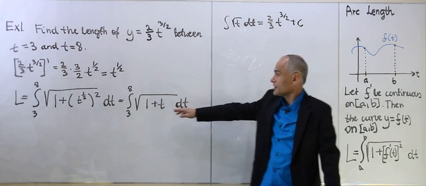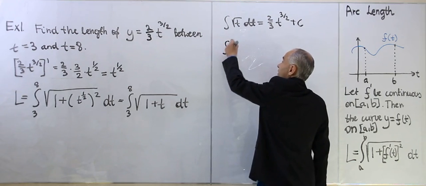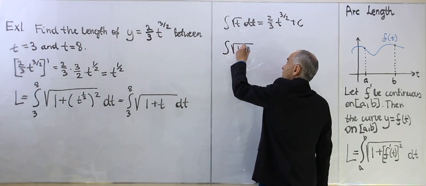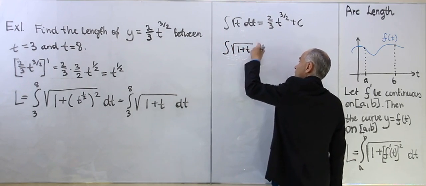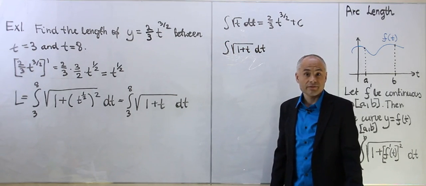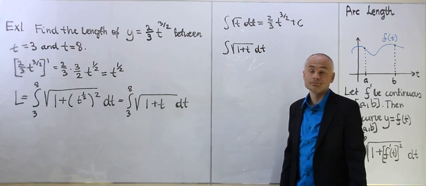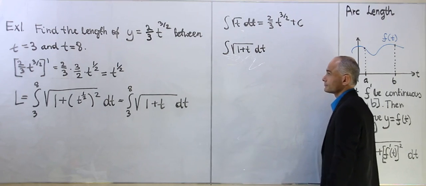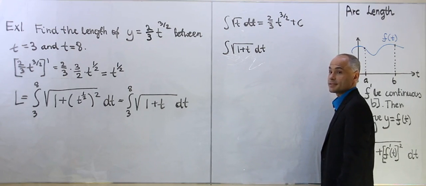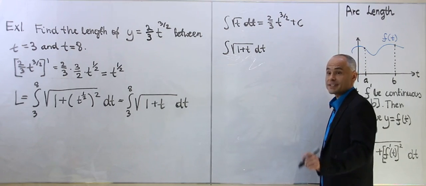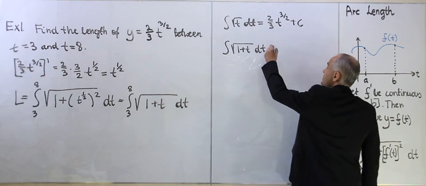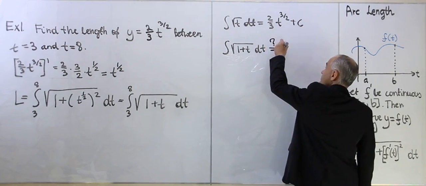So what would be an educated guess for the antiderivative of the square root of 1 plus t? Yes? 2/3 times (t plus 1) to the 3/2. So let's check if that's the case.